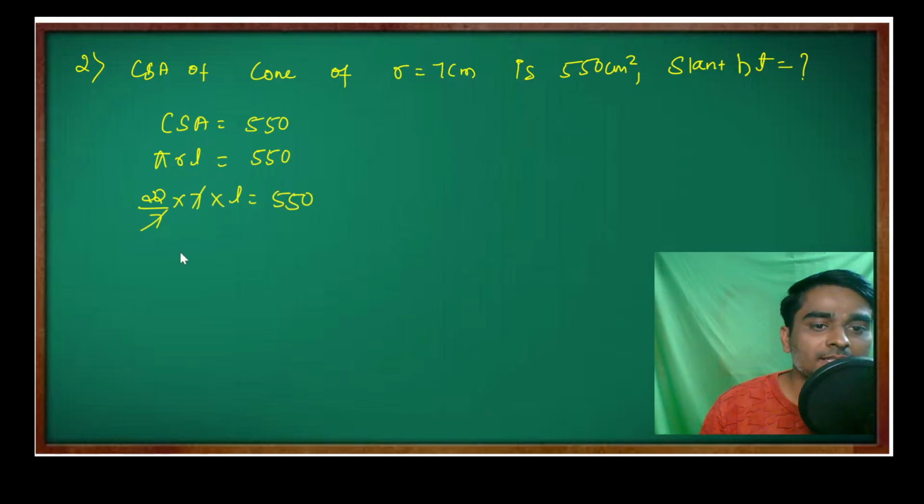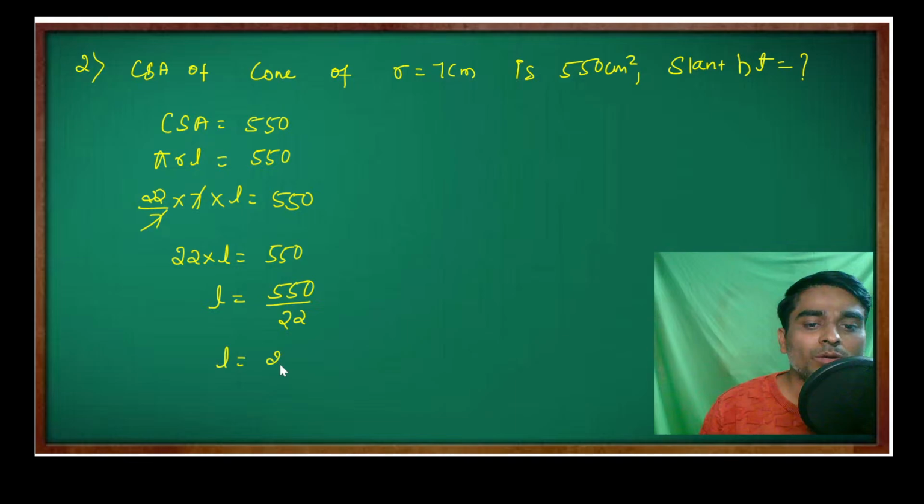Yes. So 22 into L equals 550, and L will be 550 divided by 22, which is 25 centimeter. Radius is in centimeter and area is in centimeter square, therefore L will also be in centimeter, 25 centimeter.